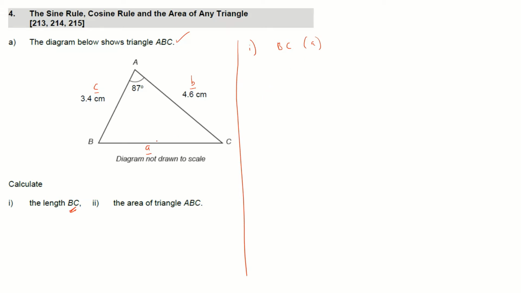Normally I try and use the sine rule, but to use the sine rule, you need at least one matching pair of sides and angles, and I don't have it here. I've got B, but I haven't got angle B. I've got C, I haven't got angle C. I've got angle A, I haven't got side A. That means you have to use the cos rule.